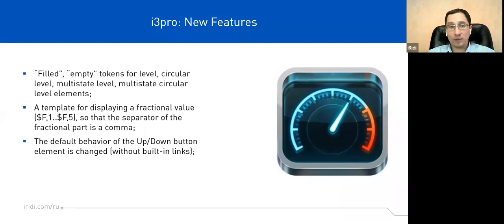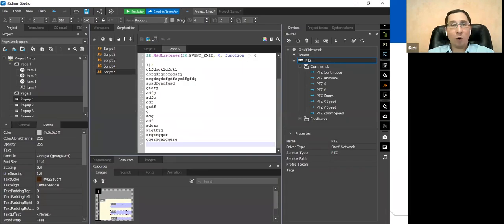Well, you can use it in your application, in your interfaces. And the default behavior of the up-down button element is changed, without built-in links. Earlier, it was a very old function from the second version of iRidi.